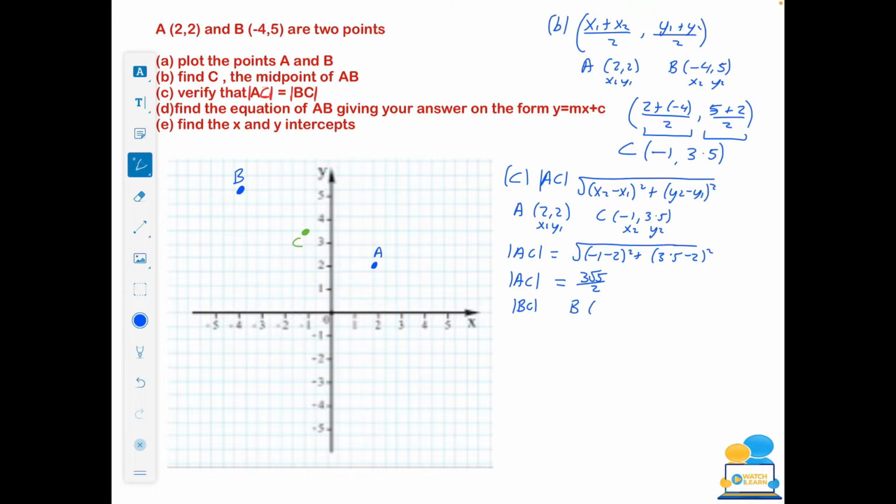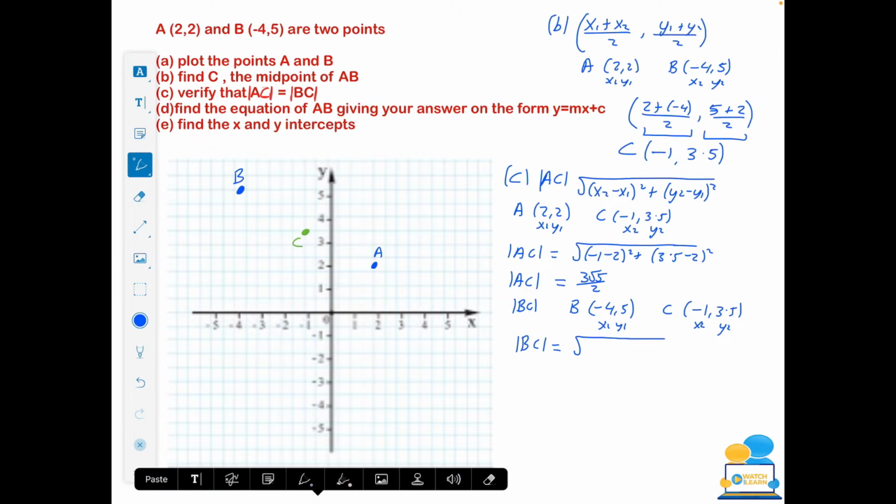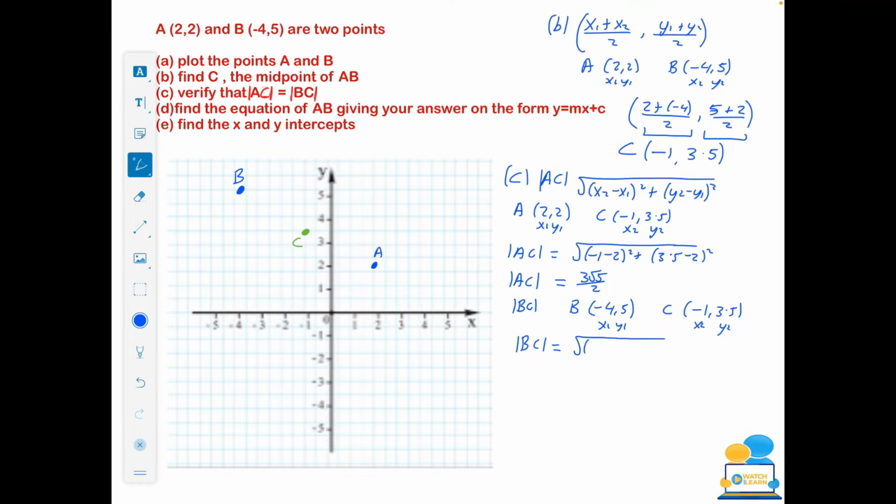Now we're going to find BC. Okay, so B is the point (-4, 5). And C is the point (-1, 3.5). So x1, y1, x2, y2. Okay, now before I even start, I know my answer should be 3 root 5 over 2. So fingers crossed that's what we get out. So it'll be minus 1 minus minus 4.